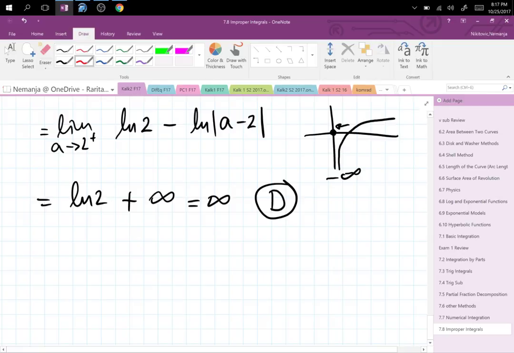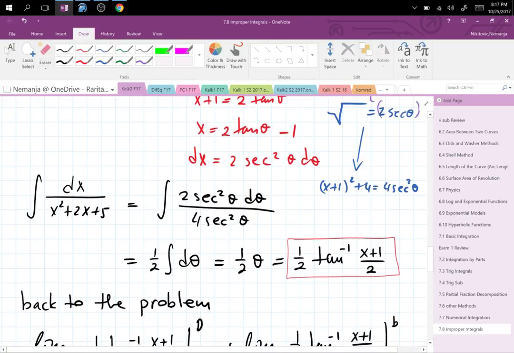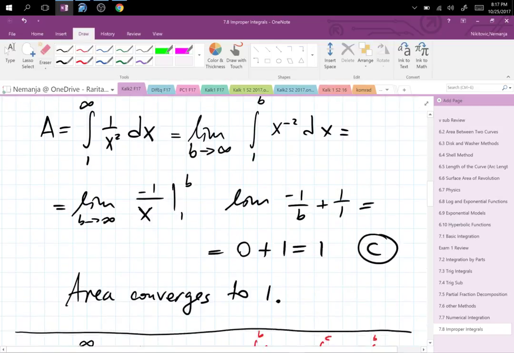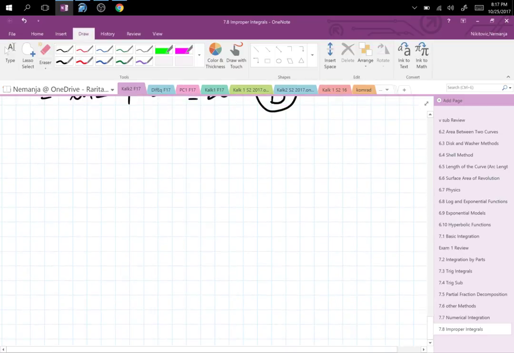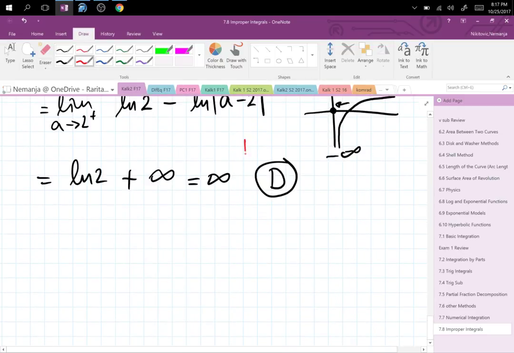So on this problem, if I box this, I say divergence, and that's the full credit. In the previous example, when the projector cut out, the area converges to 1. That's your 2 points. The answer is infinity, but we write divergence. So this is the answer that we are looking for.